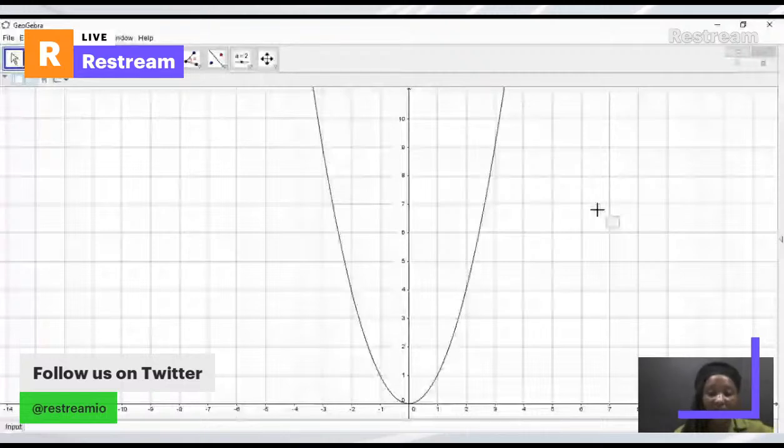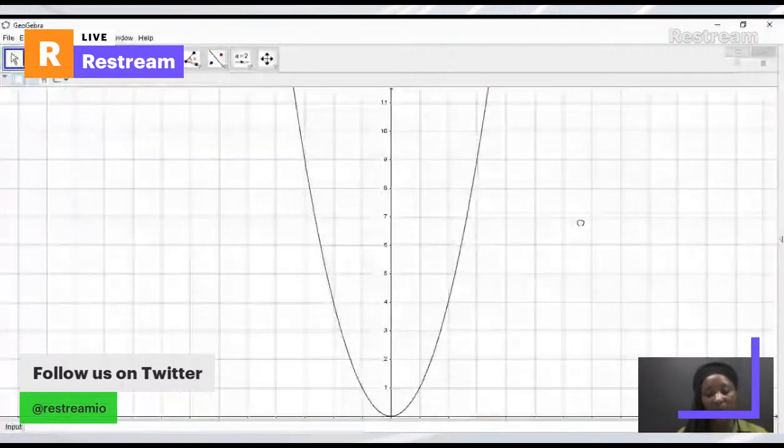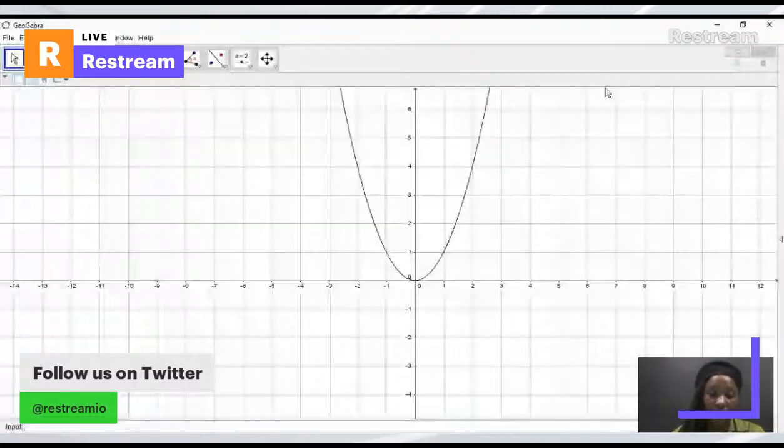Now I want you to look at what happens when I plot y equals negative x squared. Remember, what we have on the screen now is y equals x squared. So y equals negative x squared.